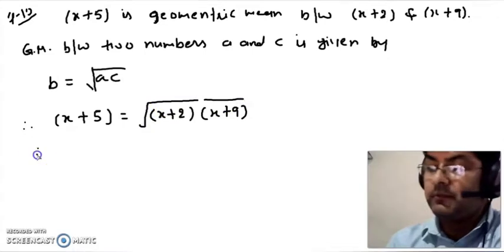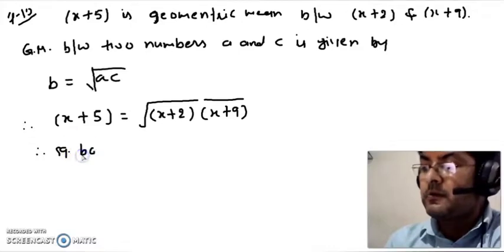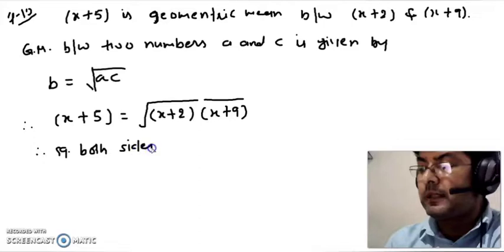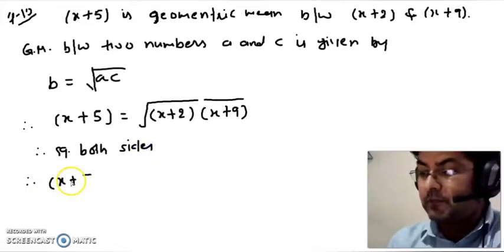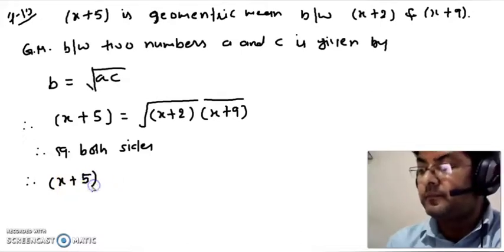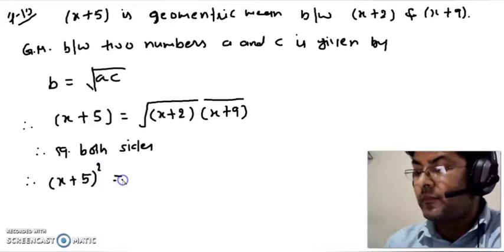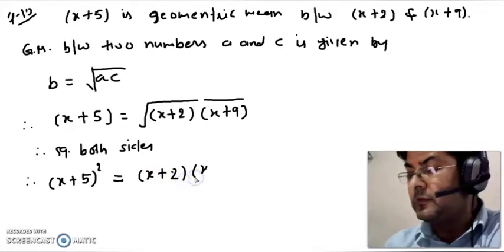Now, squaring both sides, we have x plus 5 the whole square is equal to x plus 2 into x plus 9.